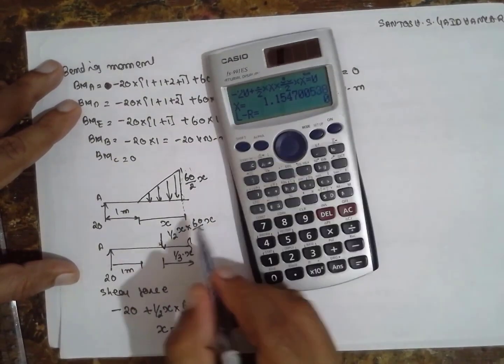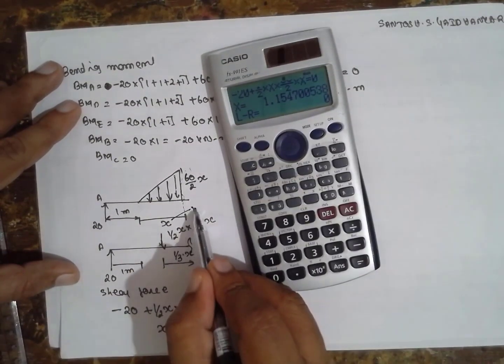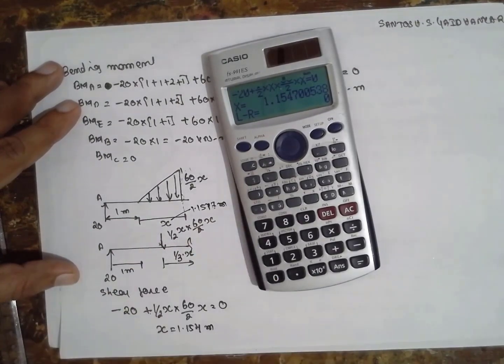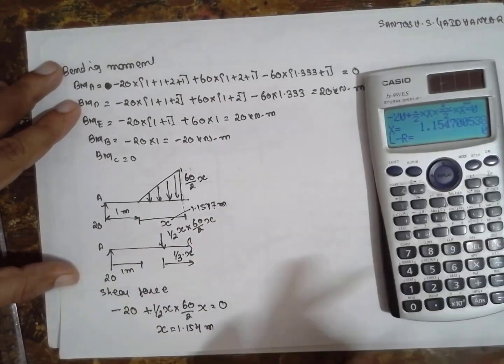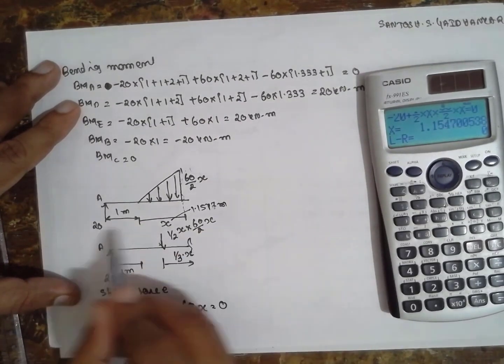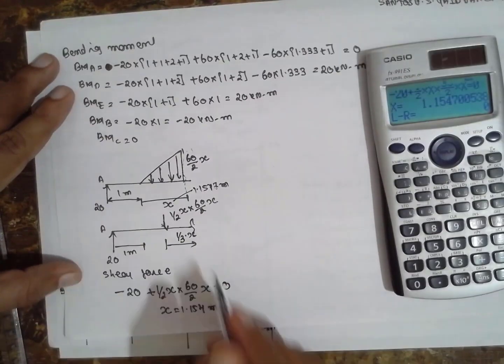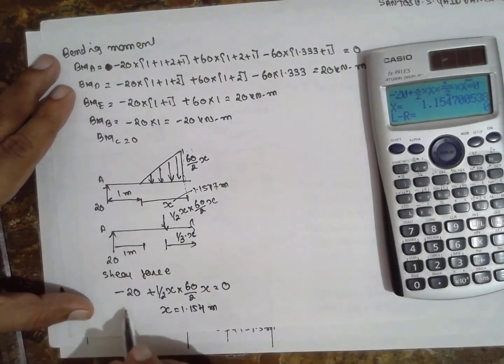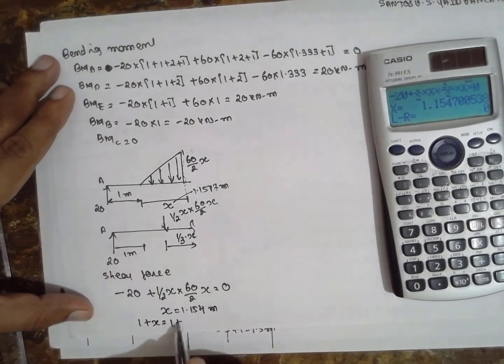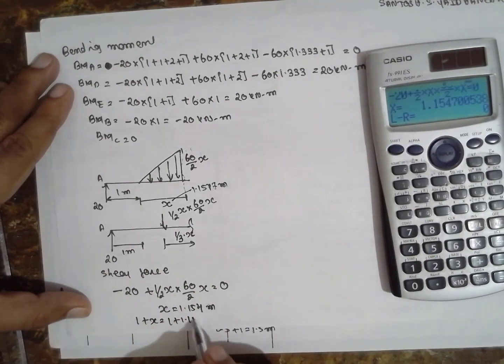That means this value we got: 1.1547 meter. This is the shear force. I am considering the shear force in order to calculate the x value. We got the x value. The total length will be what? Total length will be 1 plus x. That is 1 plus 1.154.